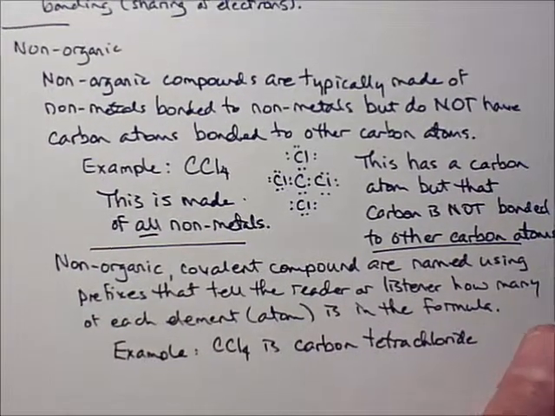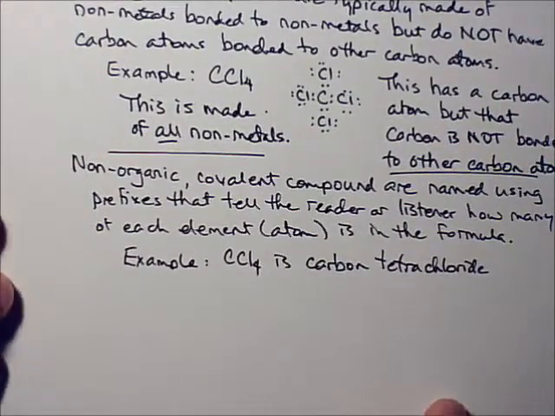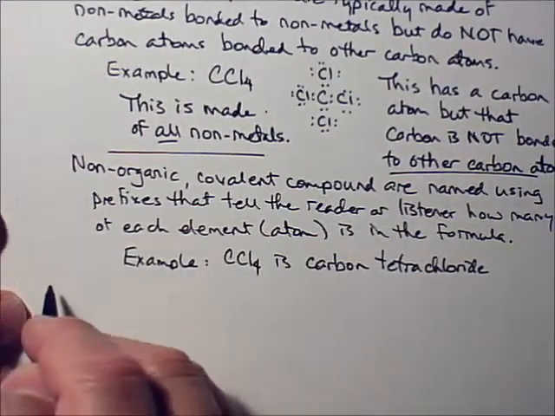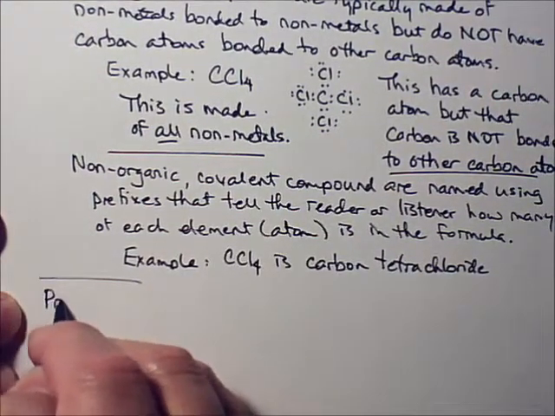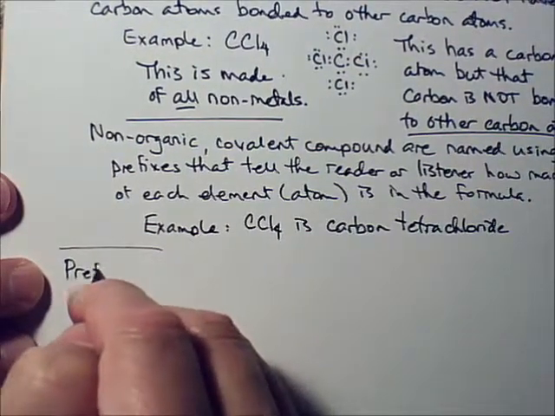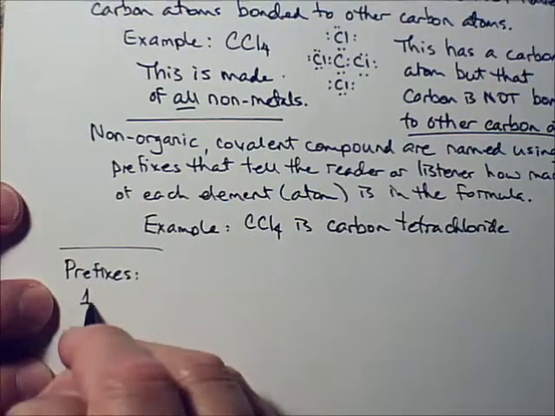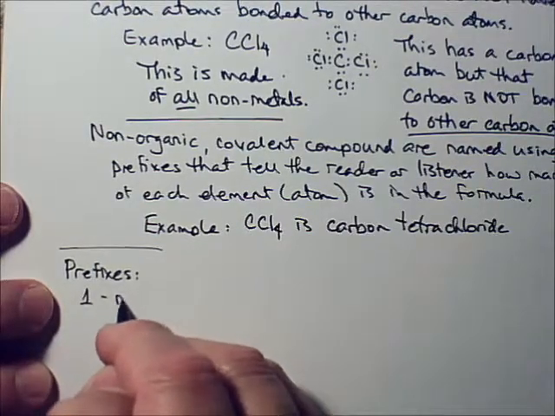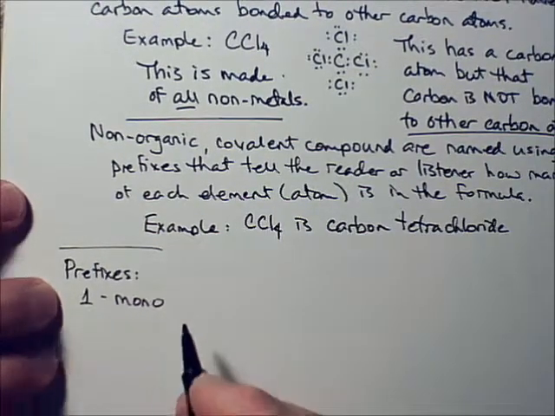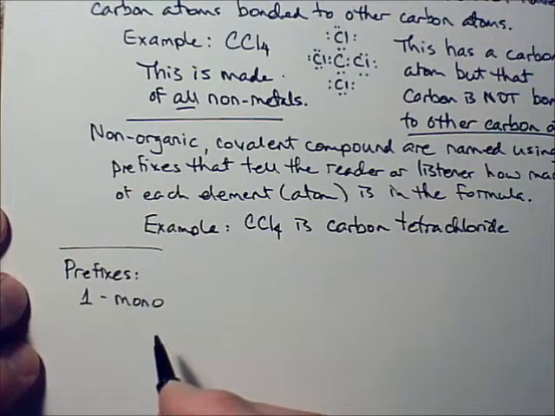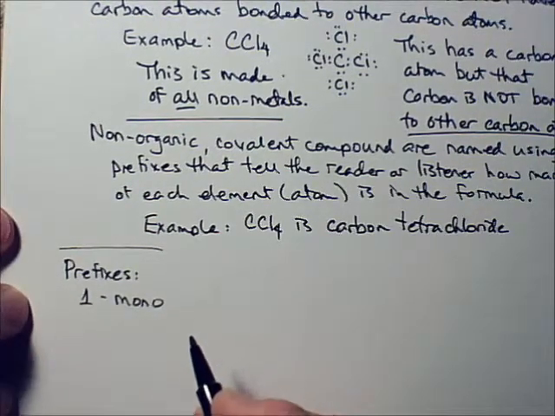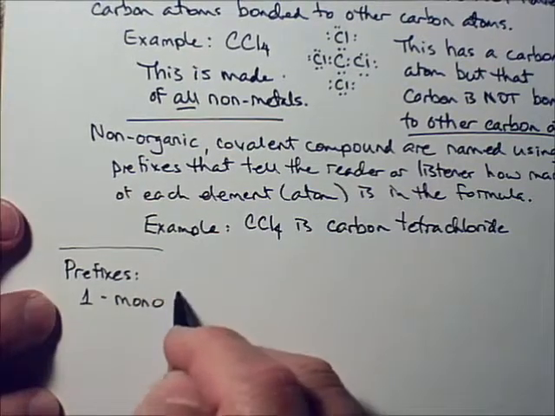Very observant. Now, let's look at what the prefixes are. The prefix for 1 is mono, but we almost never use it.